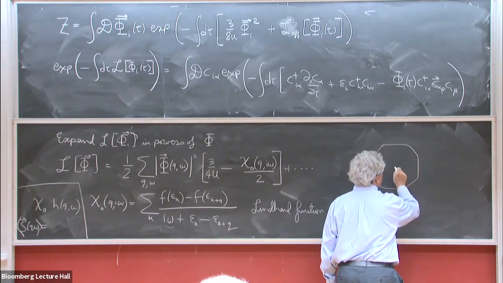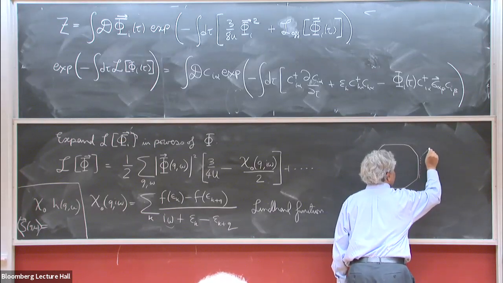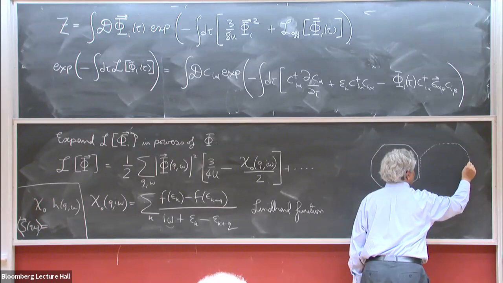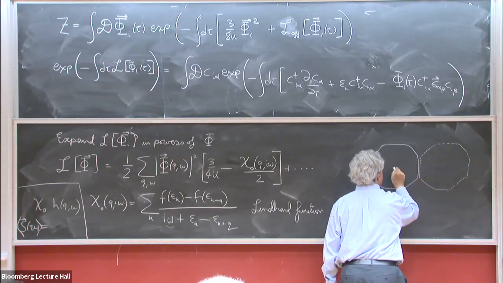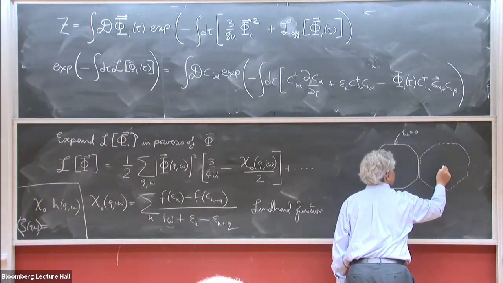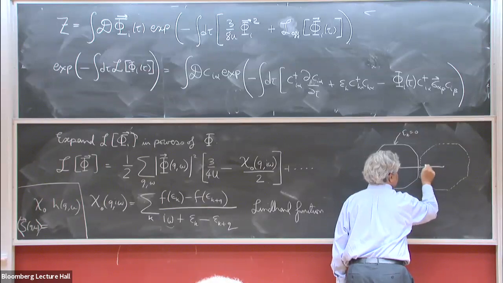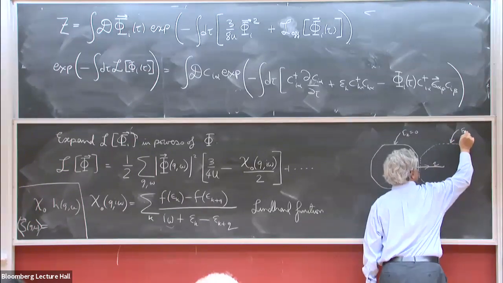And imagine you take a wave vector q, which is here. So what's happening is this is ε_k = 0. This wave vector is q. This is your q, and this line is ε_{k+q} = 0.